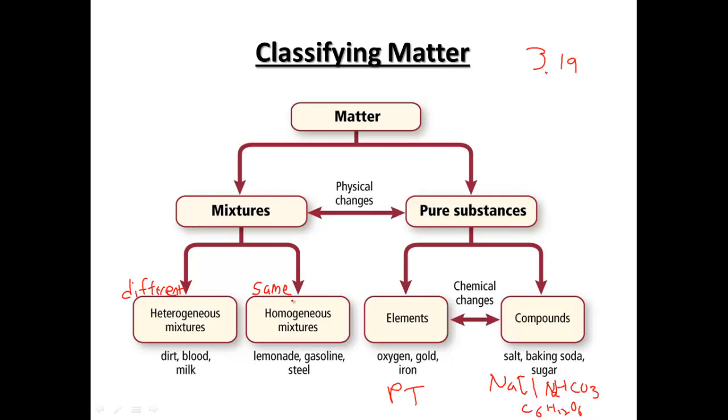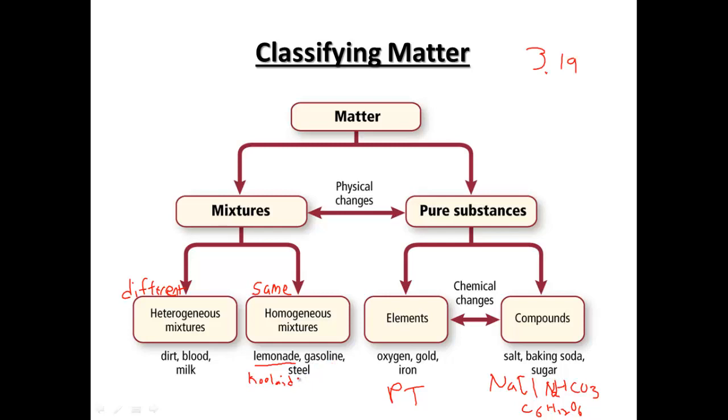So two or more elements or compounds mixed together. Heterogeneous: dirt, blood, milk are some examples there. Homogeneous, same throughout: lemonade, well, it depends on how your lemonade is made. Maybe you should stick with Kool-Aid instead. That's probably a better example, because if there's pulp in a lemonade, it might not work. Gasoline, same throughout. Steel, the same throughout.